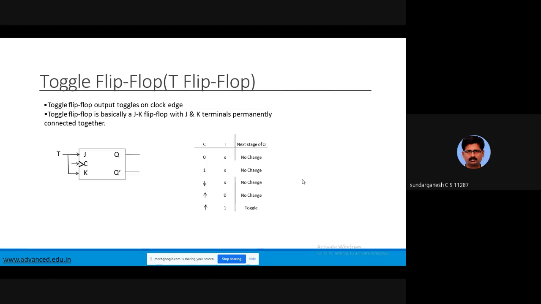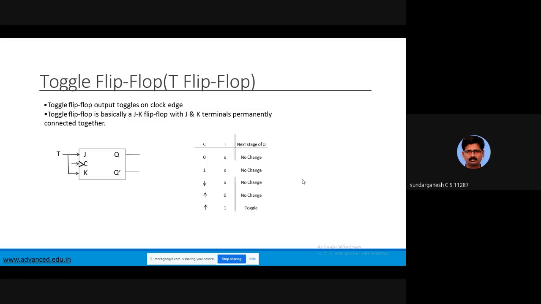The T flip-flop, we are calling it the toggle flip-flop. This T flip-flop is constructed by using the JK flip-flop. We connect the inputs J and K together, so totally there is one input, T. When you are not giving any clock pulse, there is no change in the output. When the clock is 1, there is no change.